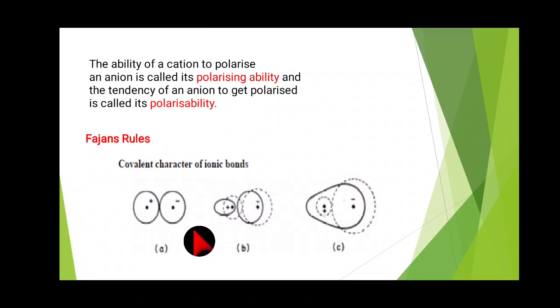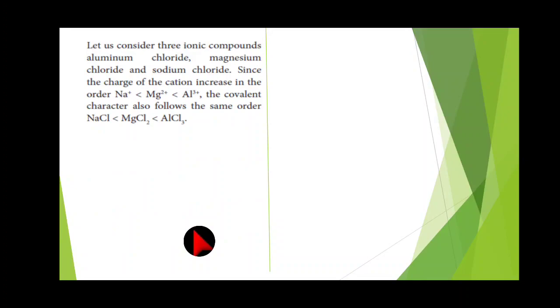The higher the positive charge on the cation, the greater the attraction on the electron cloud of the anion. Similarly, the higher the magnitude of negative charge on the anion, the greater its polarizability. Hence, an increase in charge on the cation or anion increases the covalent character.